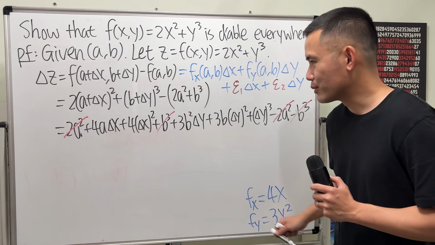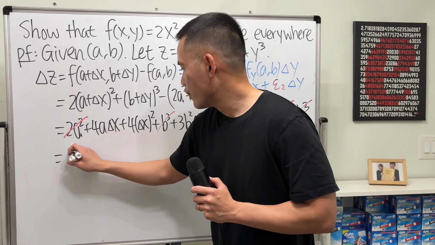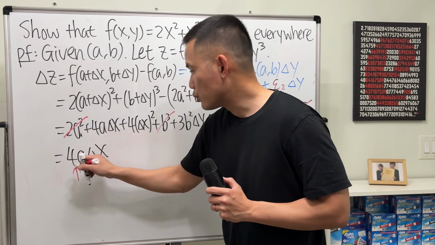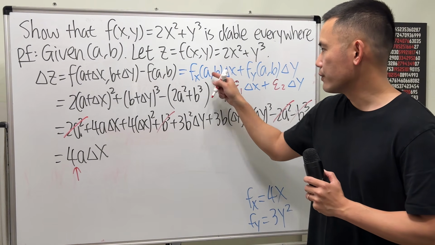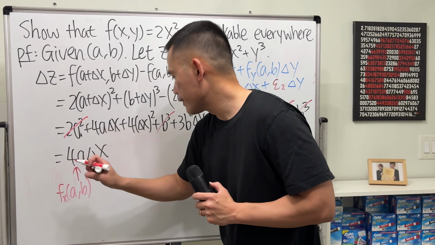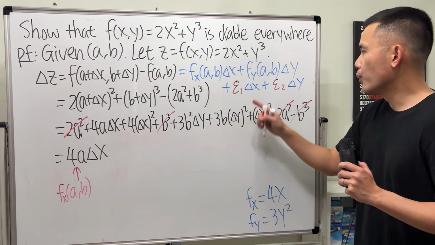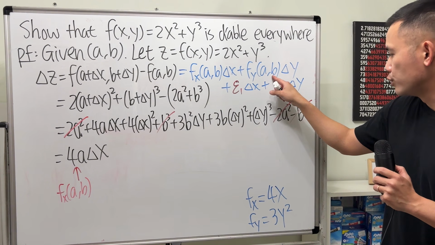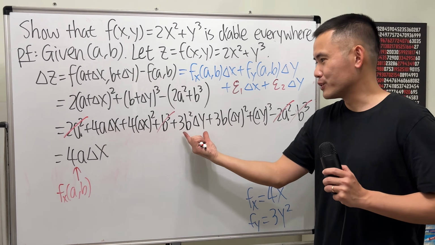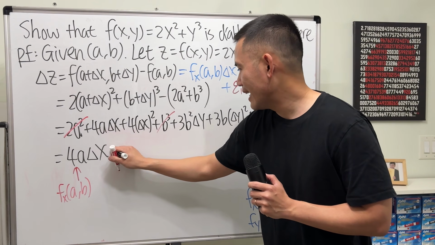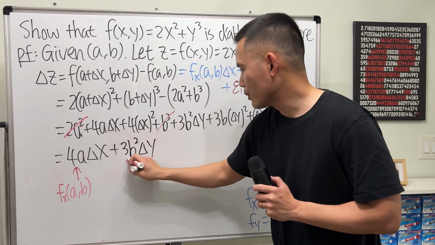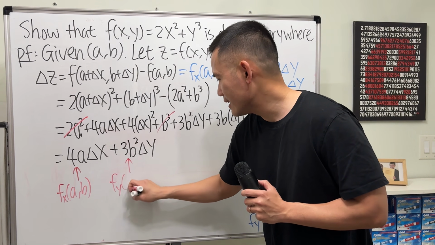So this 4a times delta x is exactly f sub x at (a, b). Then we want this, where I just have to put b into y, and 3b squared times delta y, which is just that. So we add 3b squared delta y, and denote that this is f sub y at (a, b).